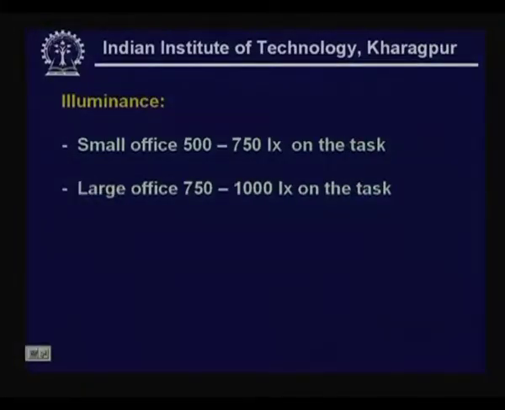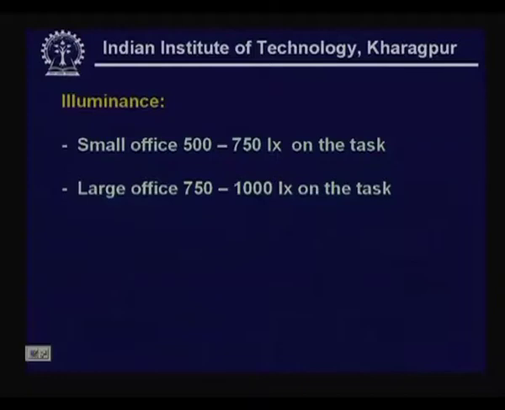In large offices this could be more, and as already told in industrial lighting, the lamps could be in the form of a row continuously, or best, as we discussed in the last lecture, in the form of a matrix decided by the room index, which depends on the room width, length and height. In large offices, the requirements can go anywhere from 750 to 1000 lux.